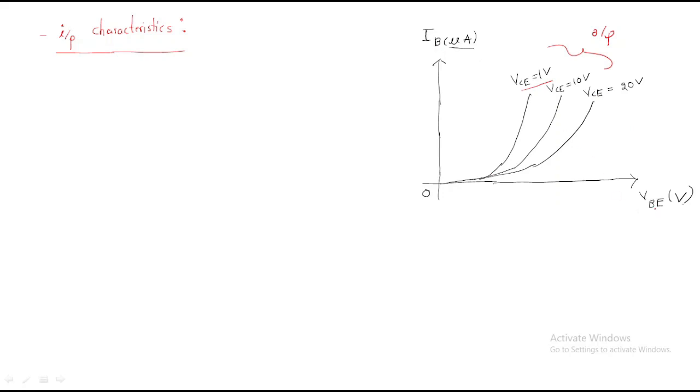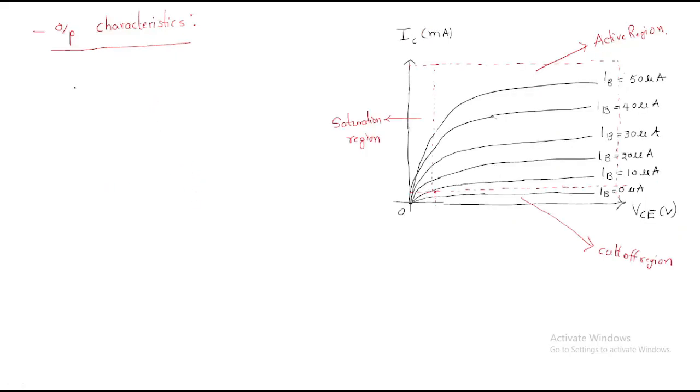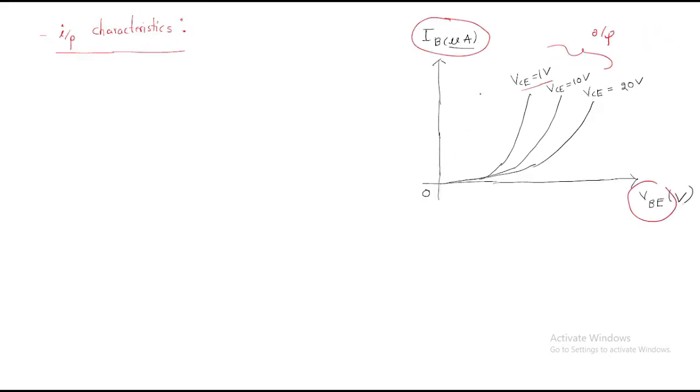Generally the input voltage and input current characteristics are linear.